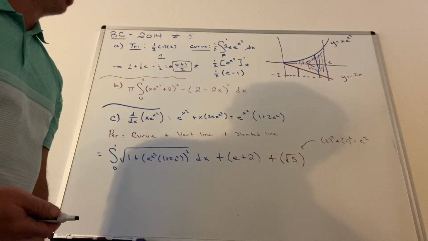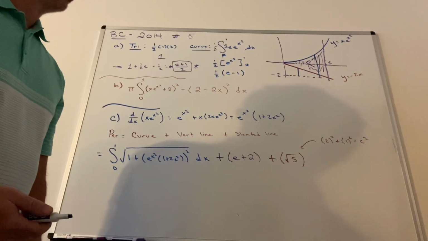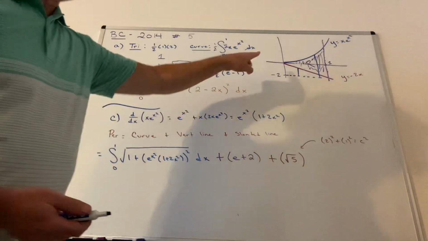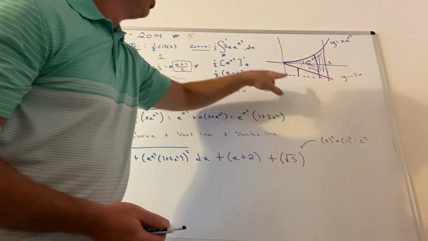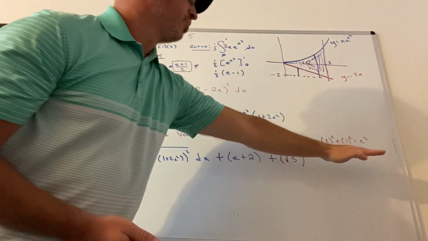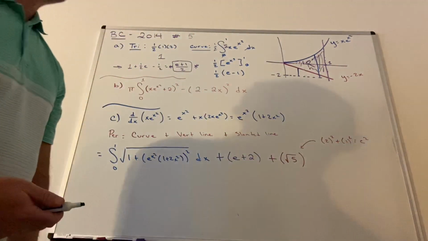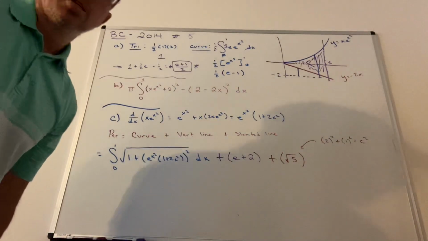The distance is 2, so that's why it's a +2. Then the slanted line makes a right triangle. You know this distance is 2 and that distance is 1, so the Pythagorean theorem will help you find the length of that slanted line, which is the hypotenuse of a right triangle.